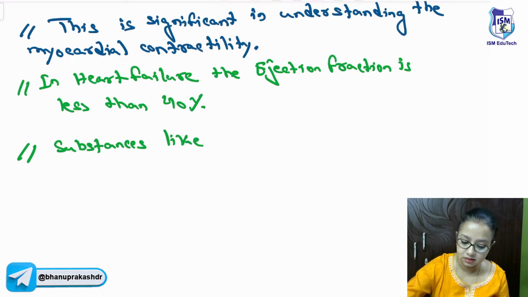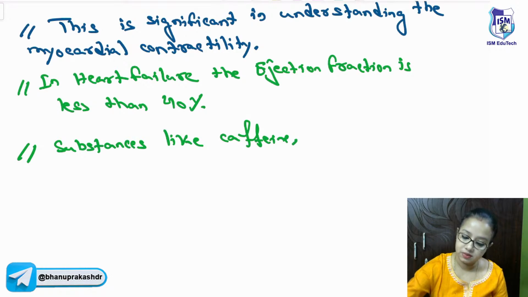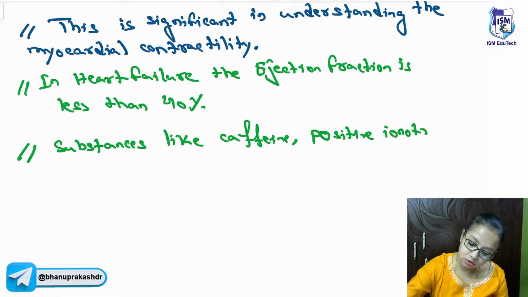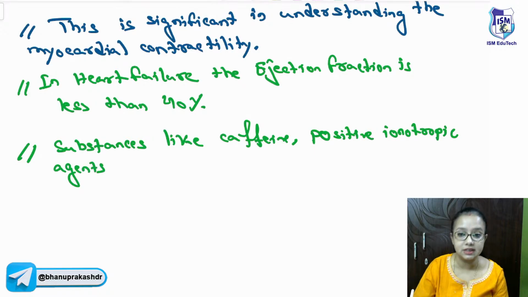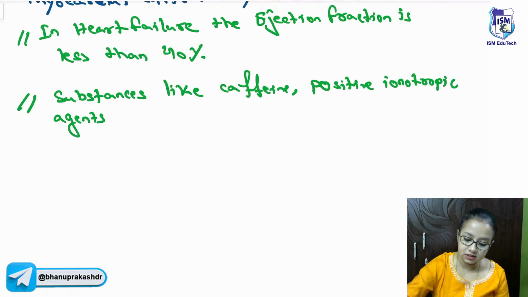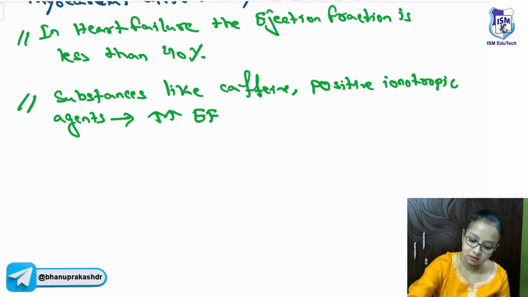Now, there are some agents which can increase the ejection fraction, like caffeine, or positive ionotropic agents, substances that increase the contractility of the heart, which increases the force of contraction, and increases the ejection fraction.